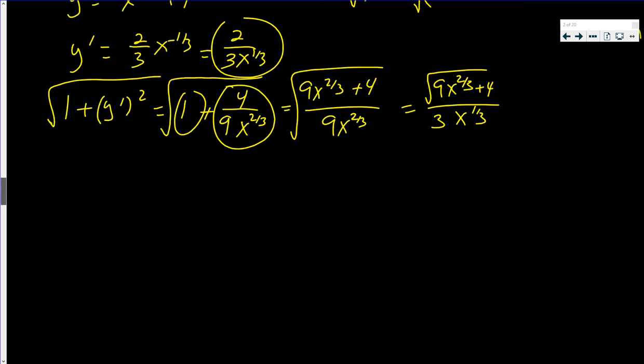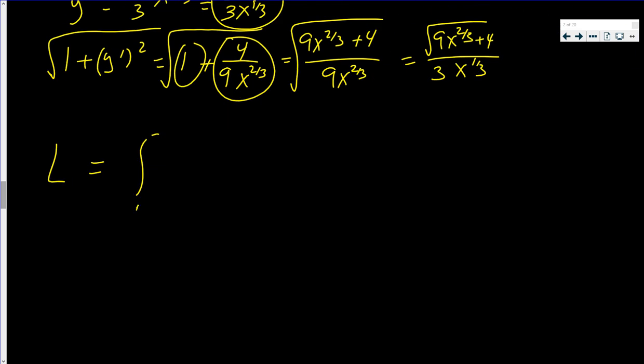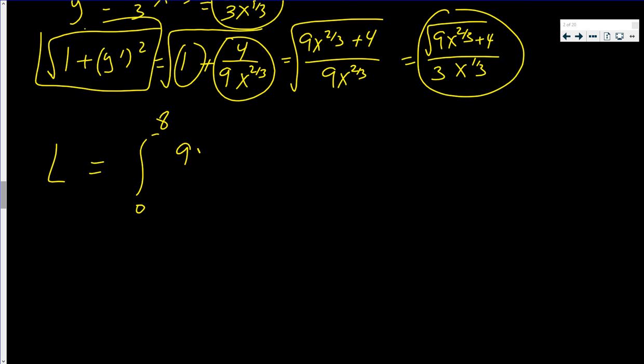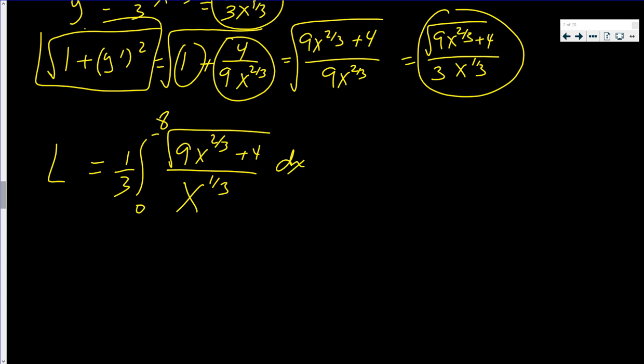And we get that the length is the integral from 0 to 8 of this mess, which ultimately equals that. 9x to the 2/3 plus 4 under the radical. I'm going to bring that 3 out, and I have x to the 1/3 in the denominator, and the power should be in the upper corner, not below the base, dx.